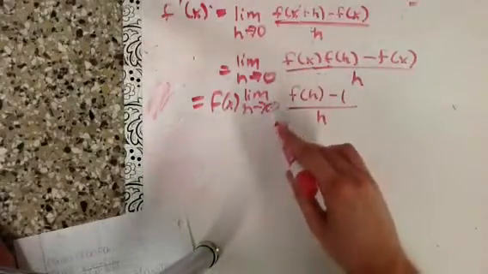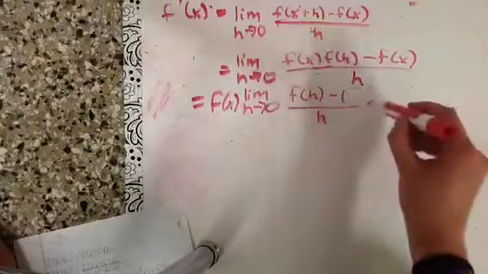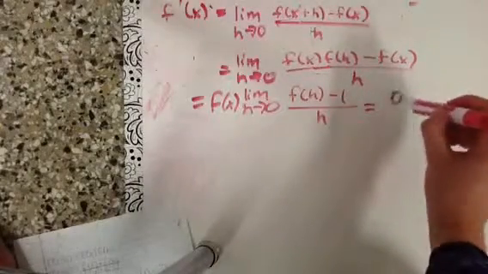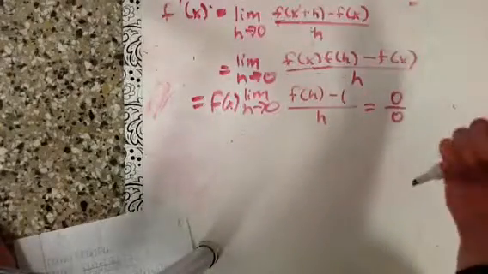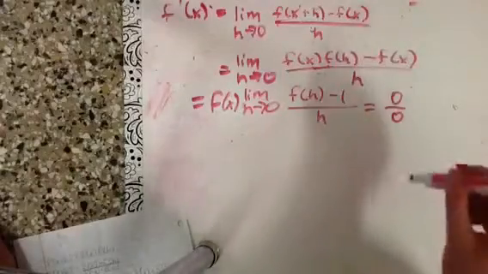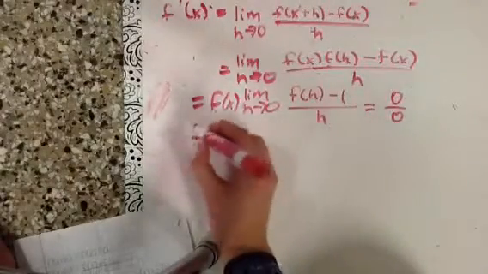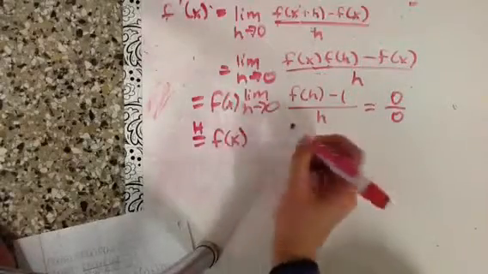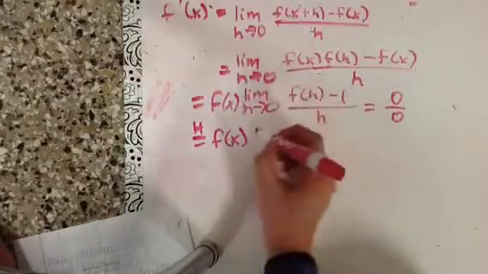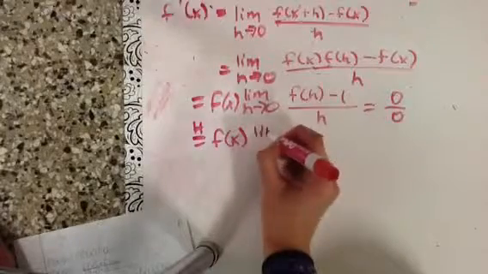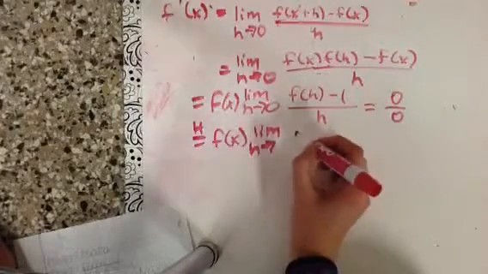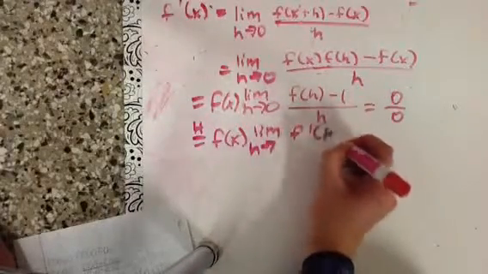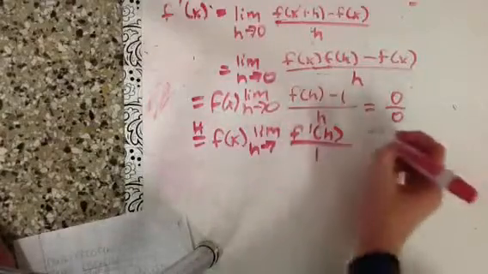Now, if you take the limit as h approaches 0 here, you're going to get 0 over 0. And that's not going to work. So therefore we need to use L'Hopital's rule, and we have to take the derivative of each of these. So what we're going to have left is f prime of h over 1.